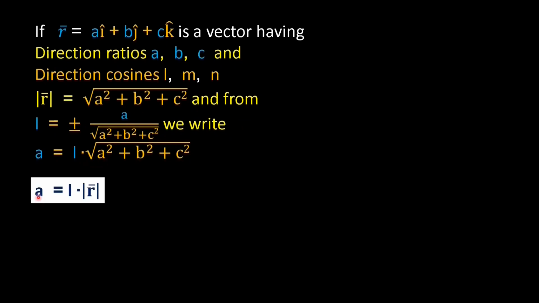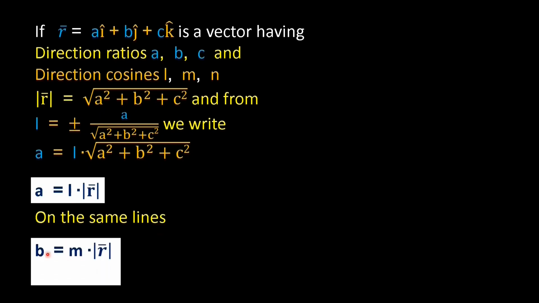So we get a equals l times mod r bar, and on the same lines we can get two more relationships, that is b equals m times mod r bar and c equals n times mod r bar.